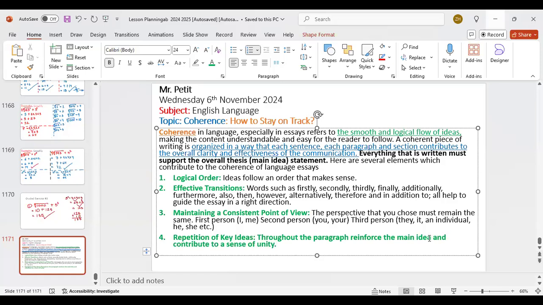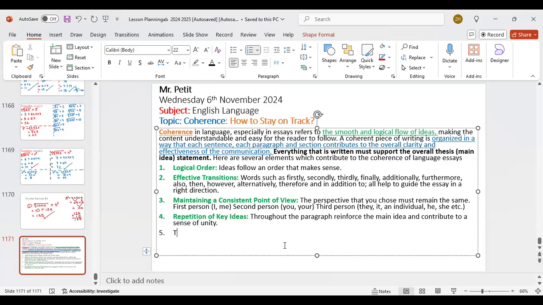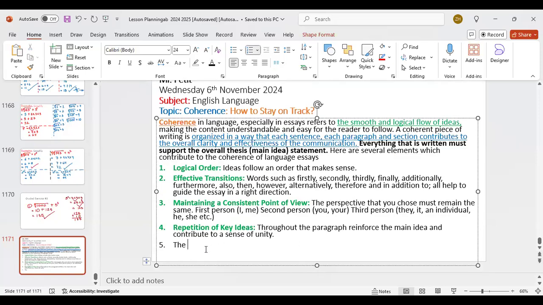All right. And finally, like we said, the plan.